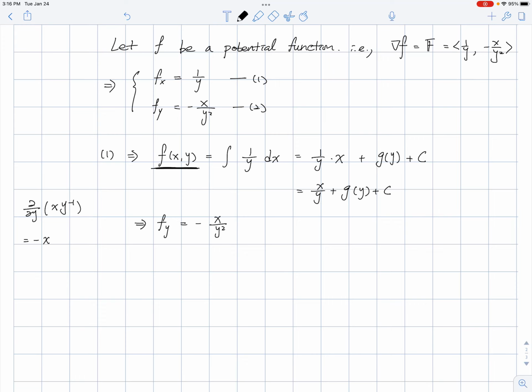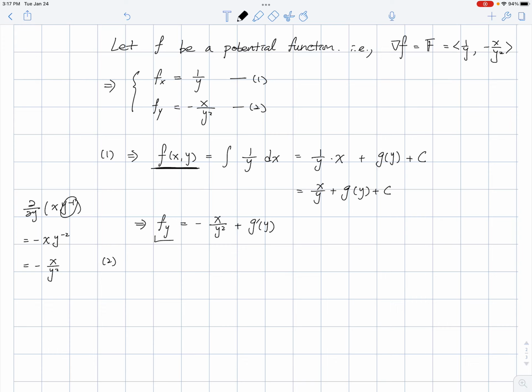So this gives you negative x times y to the power negative 2, and that is negative x over y squared. Okay, so this is a common trick that we can write a fraction in terms of a power function, and we can apply the power rule. So don't forget this. And then plus g prime of y, and the constant c goes away.